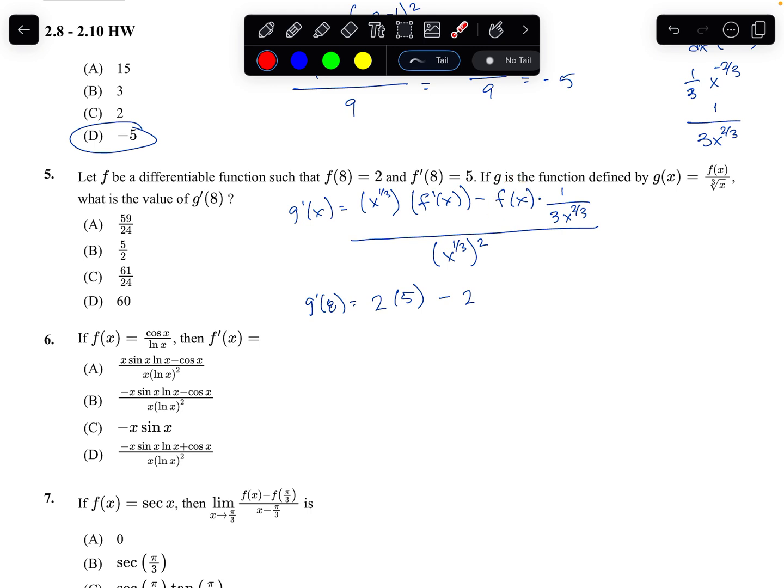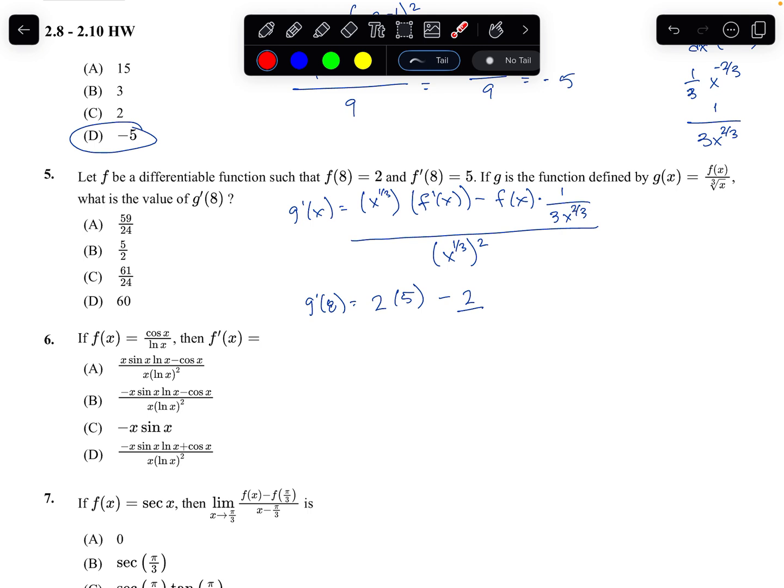Now, I'm just going to write this as being divided by, because this is just like in the numerator, this is in that denominator. So if I plug in 2 here, the denominator is 3, meaning that's a cube root. So the cube root of 8 is 2, but then I'm raising it to the second power as well.